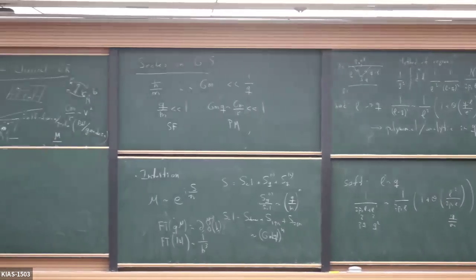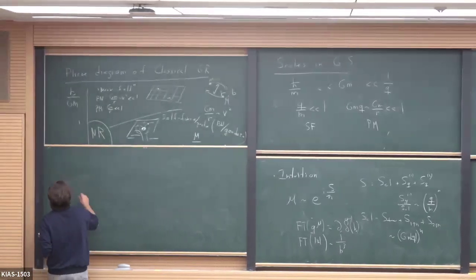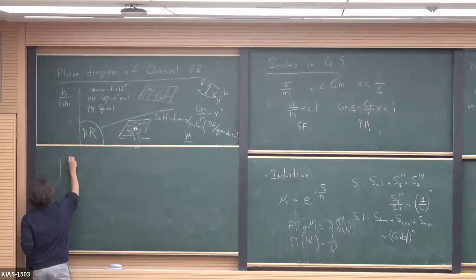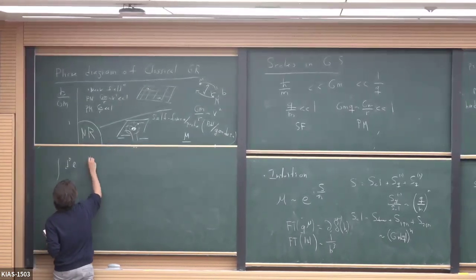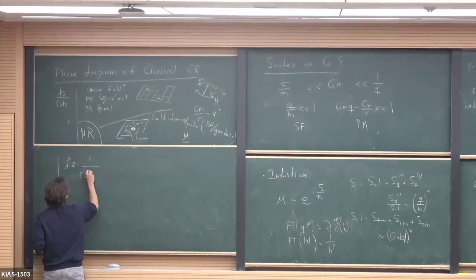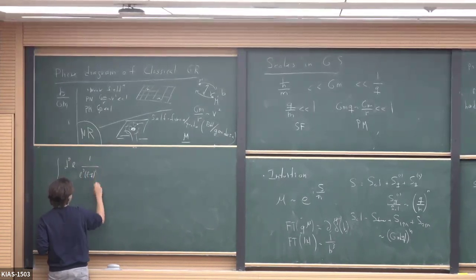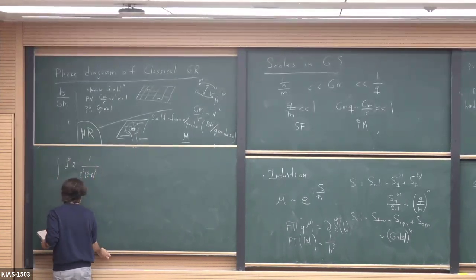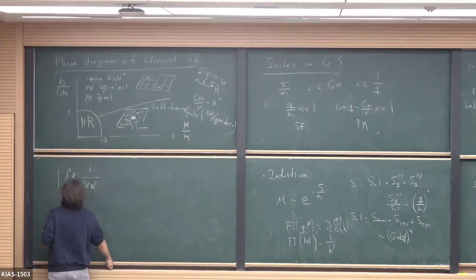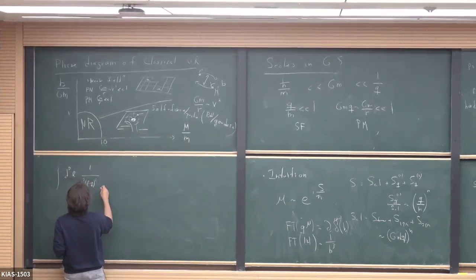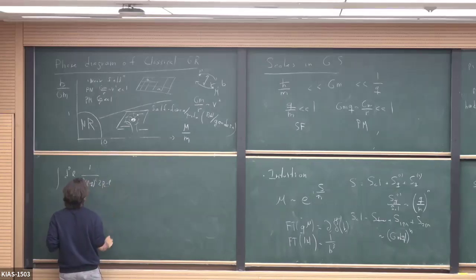So at the leading order, this integral that we had, let me just do the scalar integral for simplicity. If you had a numerator, you can just do tensor reduction.